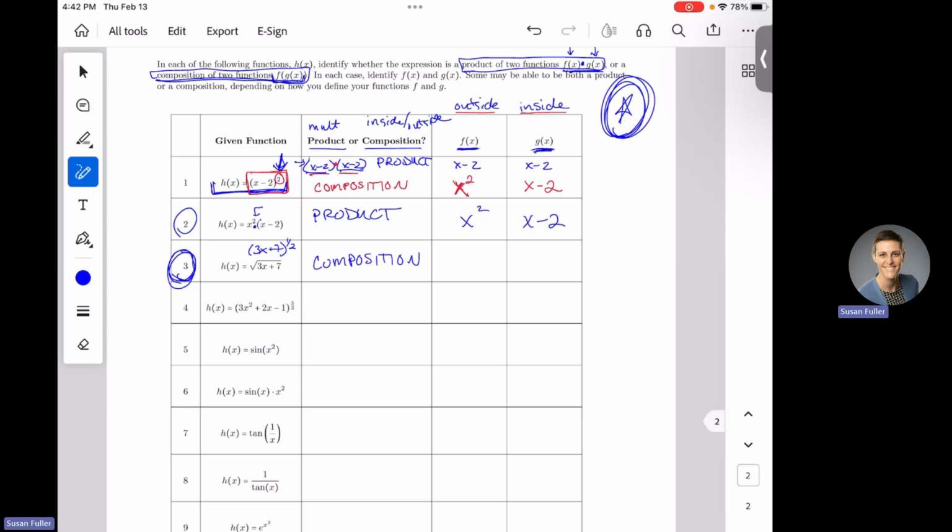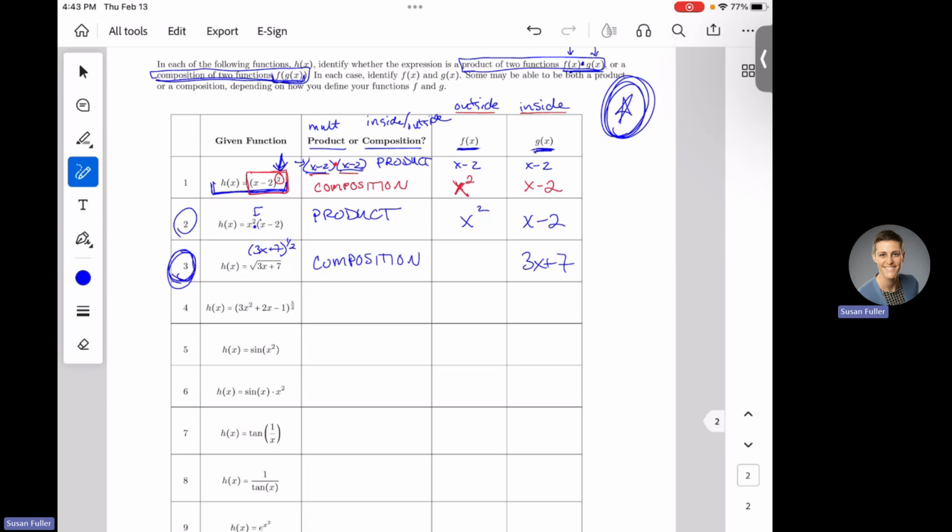And again, we have to figure out what our inside and our outside functions are. So my brain likes to start with inside. So what would you say is inside something else here? Yeah, that 3x plus 7 is inside something else. It's inside a square root. So that's my inside function. And the question is, what is that inside of?